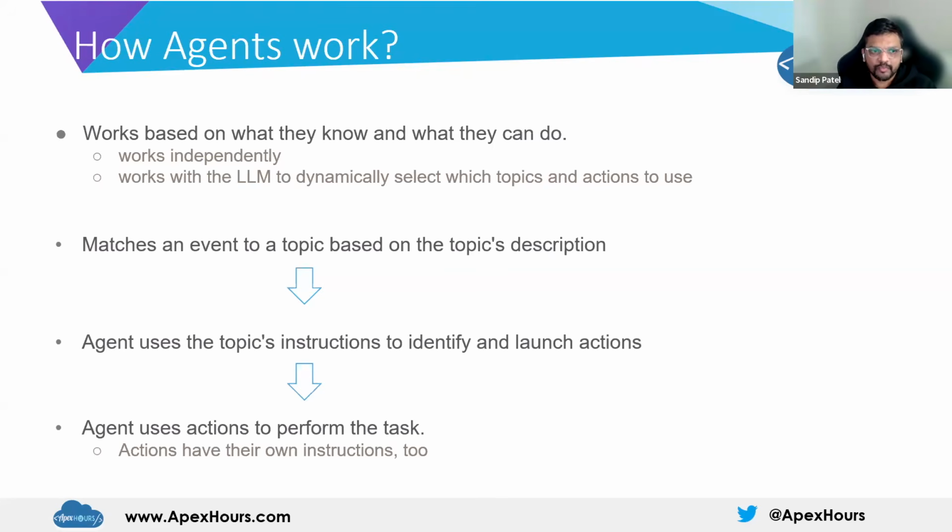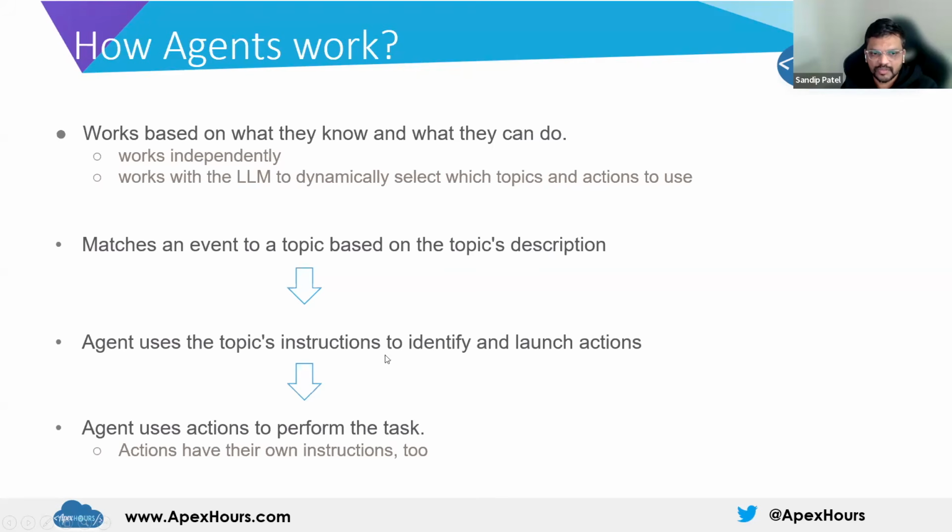So basically, it matches the topic with the topic's description. Then the second step is the agent uses the topic's instruction, what is written in the instruction of the topic, to identify and launch the action.